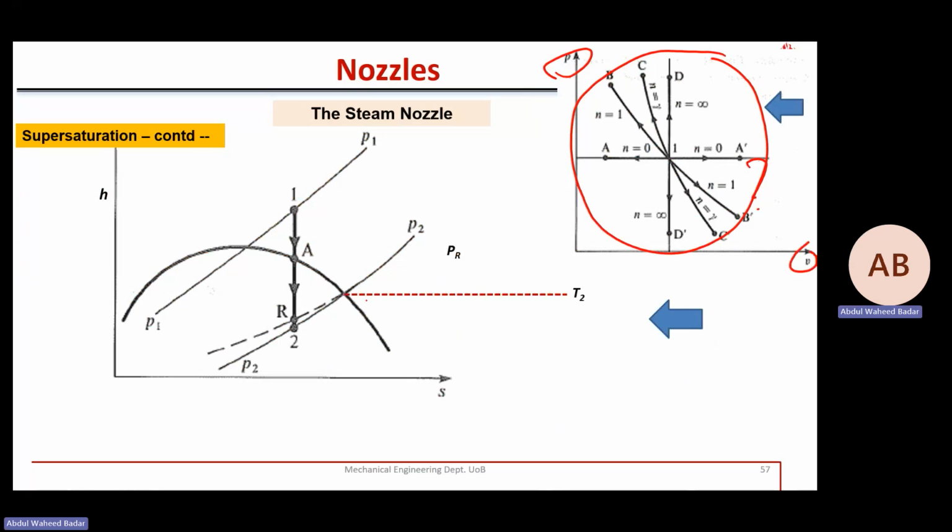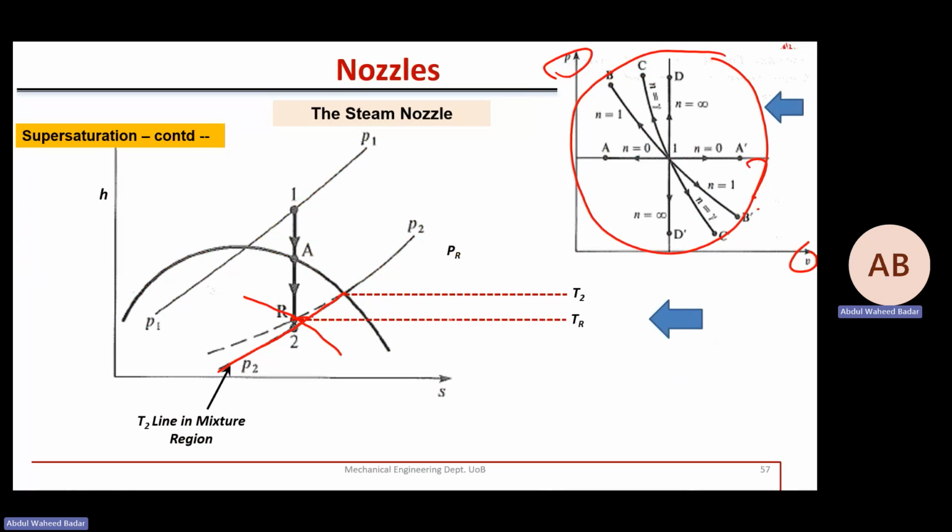This is the T2 line on the HS chart, the temperature line, and it will be this one inside the dome. Inside the dome, both temperature and pressure are the same, just like on the TS diagram. Now this saturation curve is shifted here, so there is another temperature line.